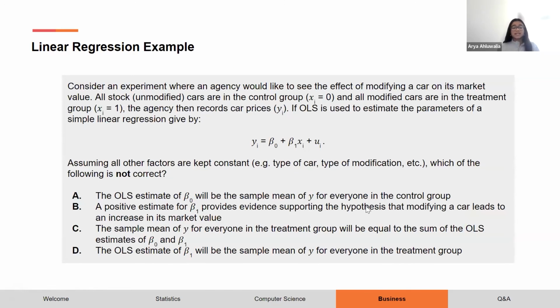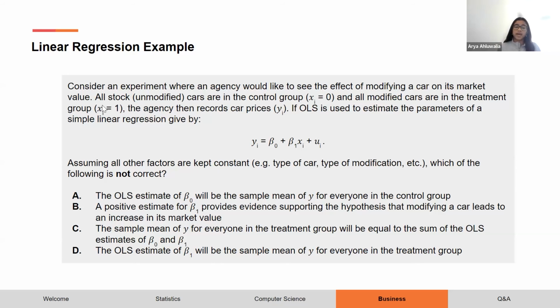All right, let's look at an example question for linear regression just to see this in action. So we want to consider an experiment where a certain agency would like to see the effect of modifying a car on its market value. So they've placed all stock cars in a control group, which means Xi is 0 because there's no treatment applied. And the cars that have been treated or modified are in the treatment group.